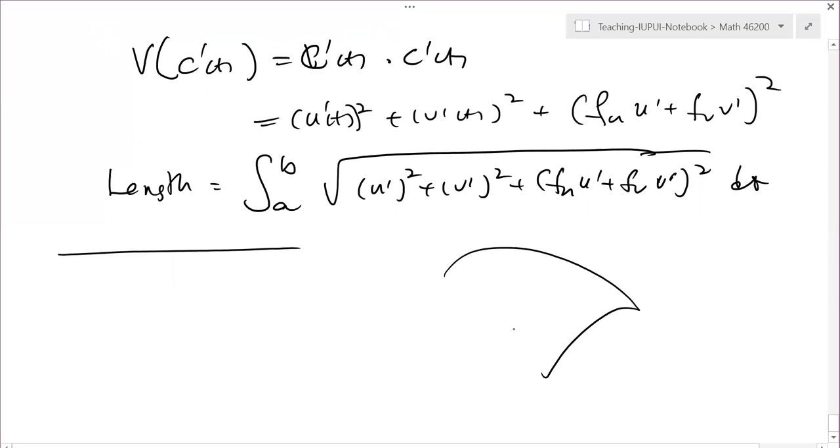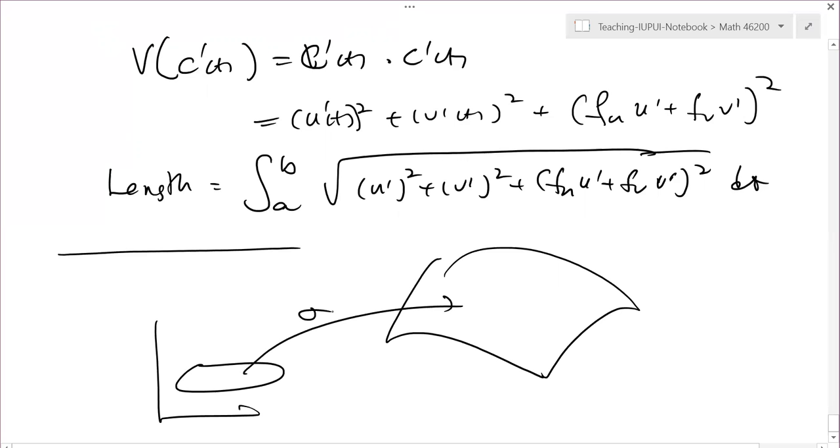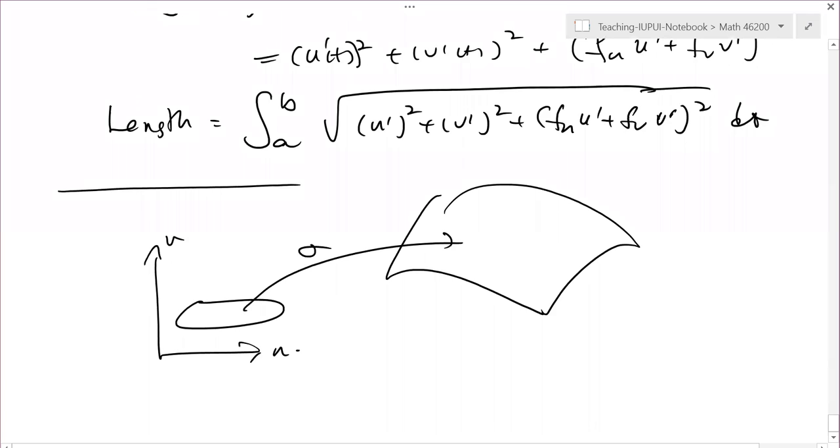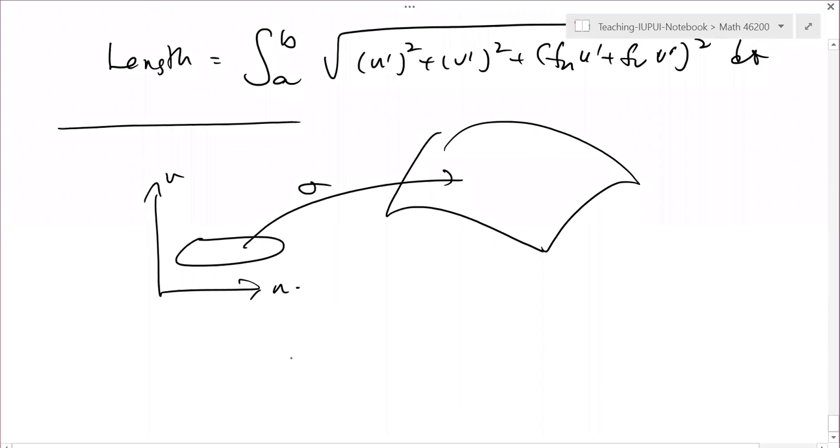So this is a surface, and I have a surface patch. Then I have a first fundamental form: E du squared plus 2F du dv plus G dv squared. E, F, G are functions of u and v.